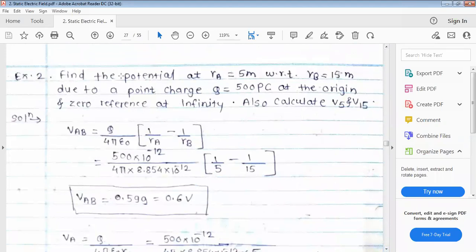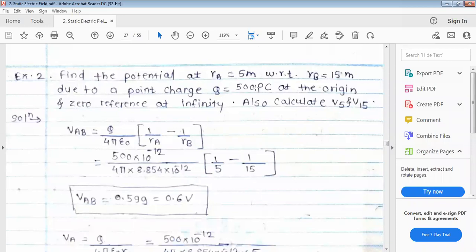They are asking, find the potential at RA is equal to 5 meter distance with respect to RB 15 meter due to a point charge Q is equal to 500 picocoulomb at the origin, and zero reference at infinity.